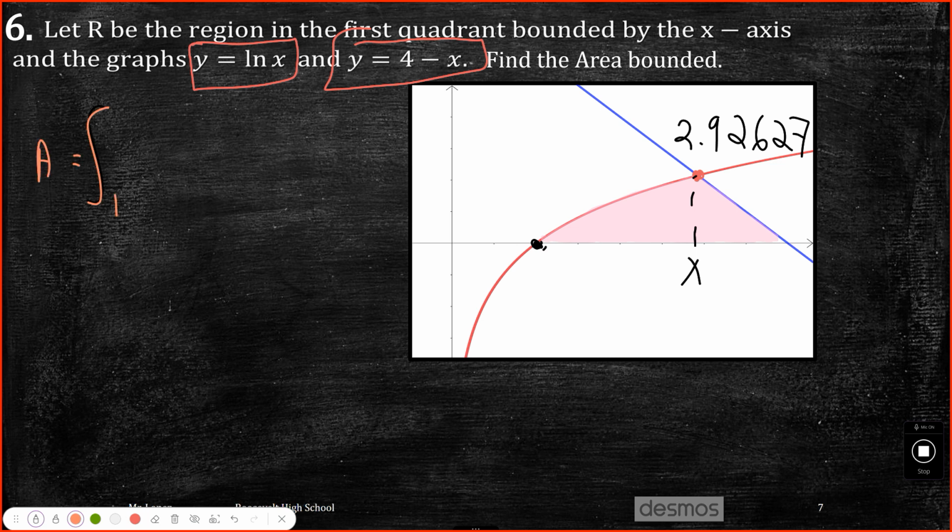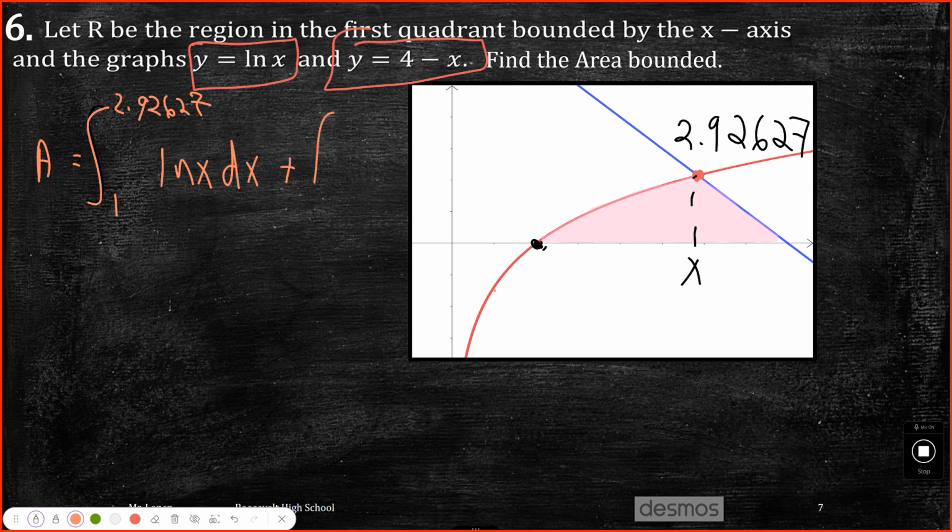So you go from 1 to 2.92627, and you better write the numbers down correct, of ln x dx.